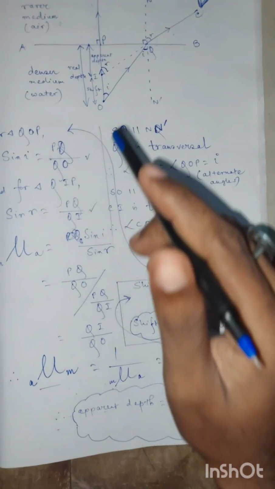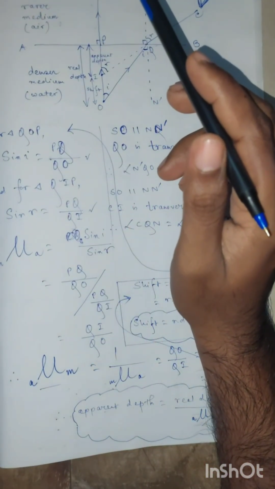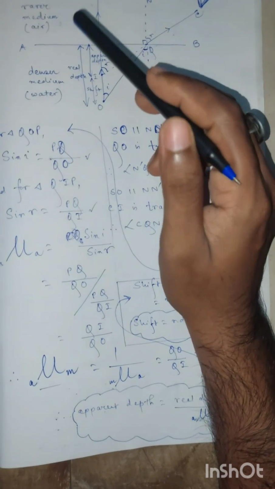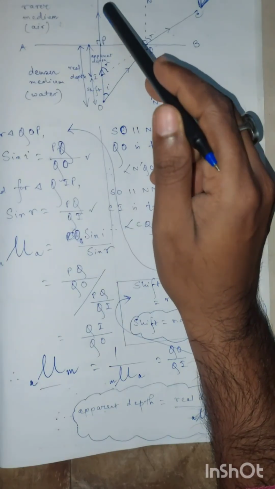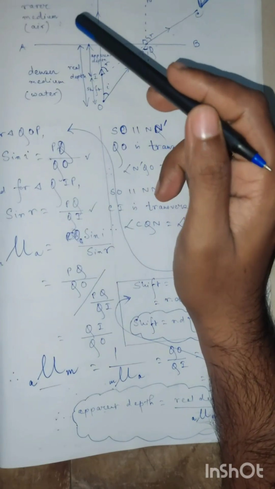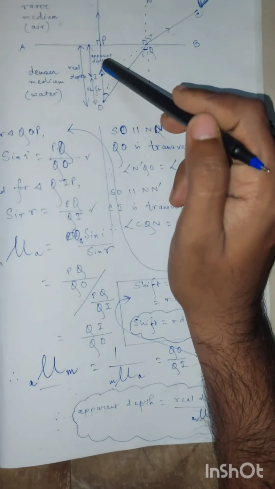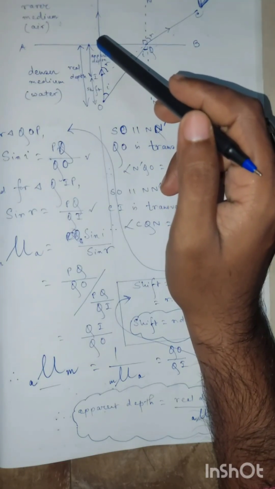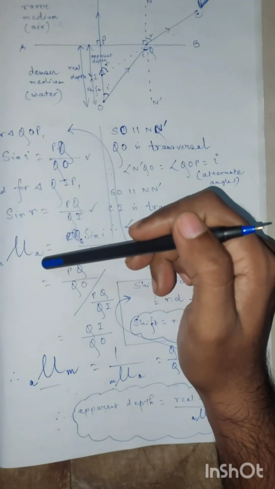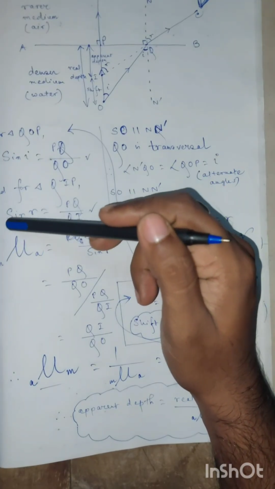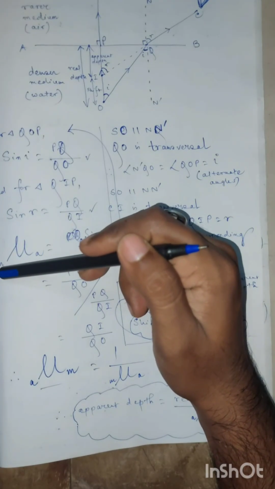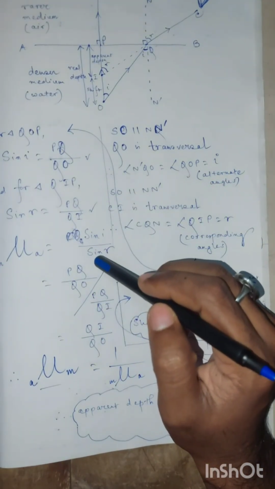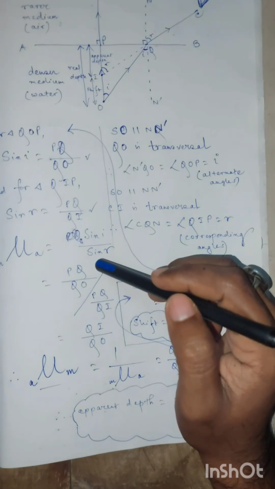Now if we say that the refractive index of second medium with respect to first medium, that means the refractive index of air with respect to water in this case. So refractive index of air with respect to a given medium is equal to sin I by sin R. We already know it from Snell's law.